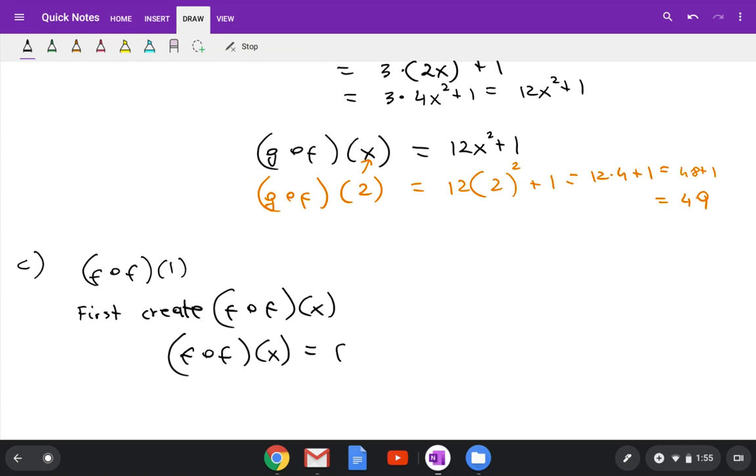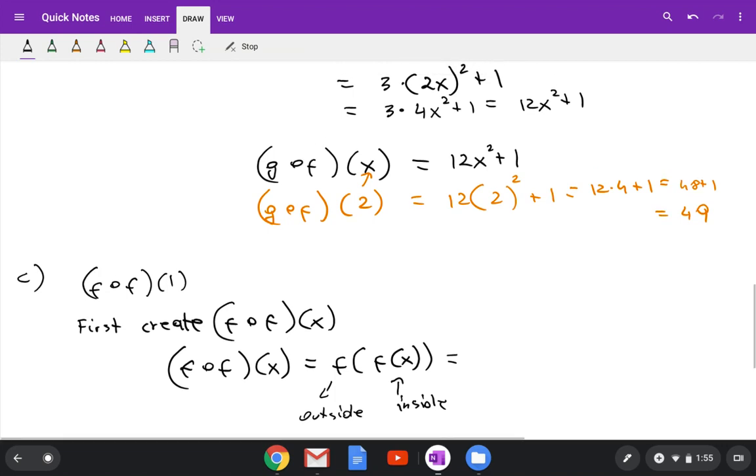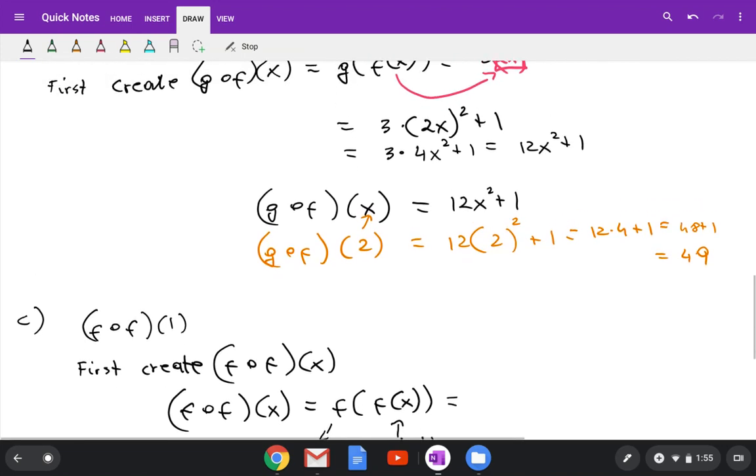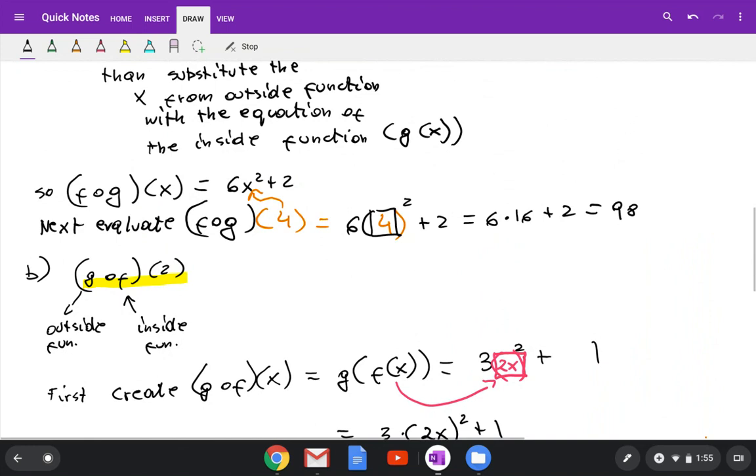This is the same as f of f of x. So f is outside and f is inside function. This is outside and this is inside. Even if the functions are the same, it's still the same rule. So I'm going back and I'm going to check what is the equation of function f, which is outside.